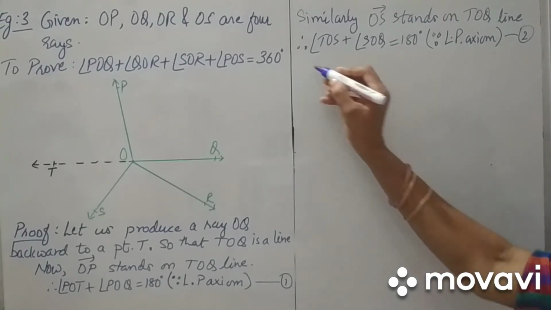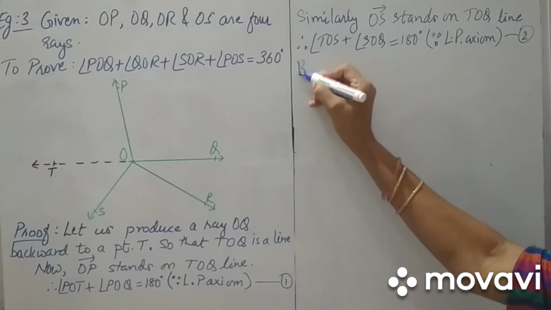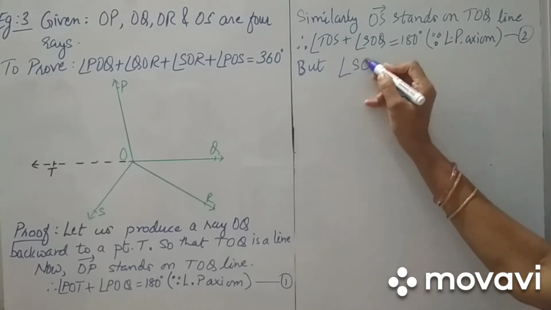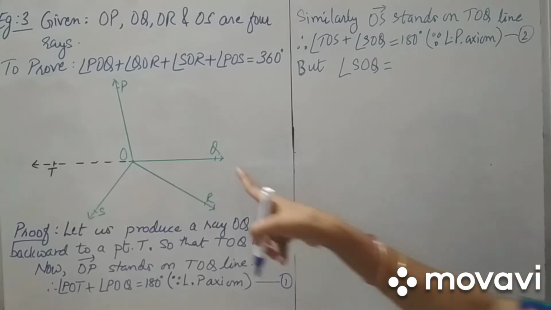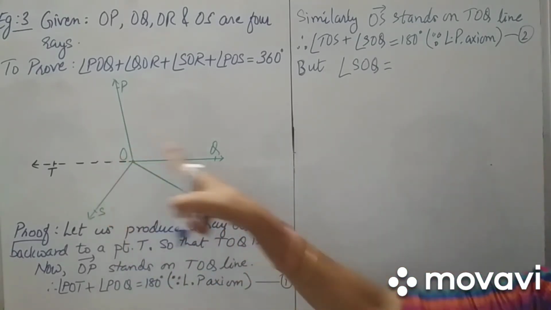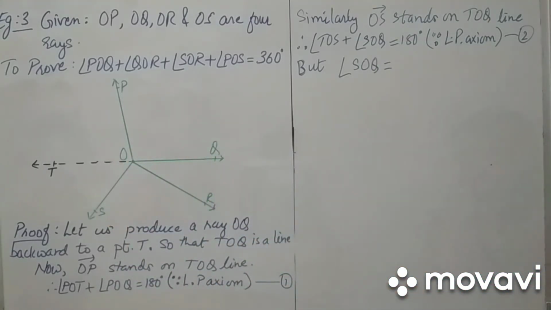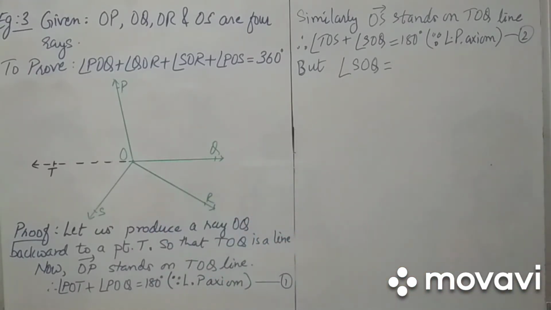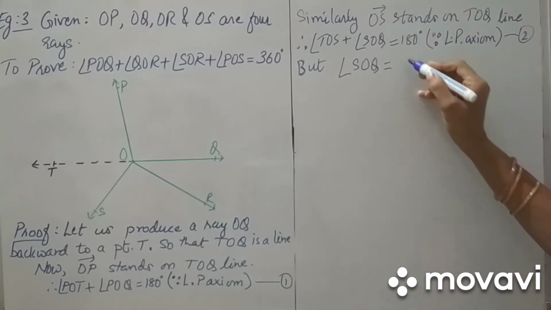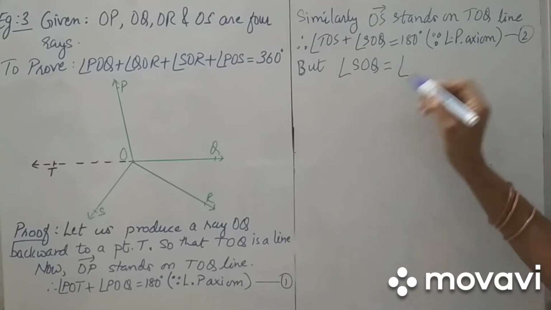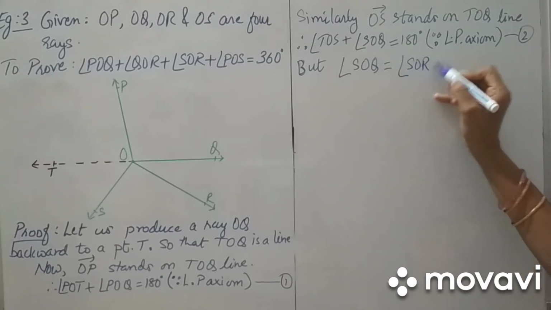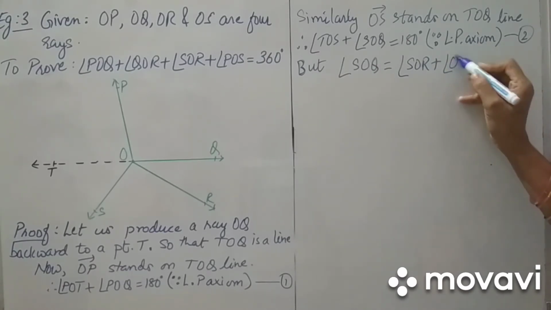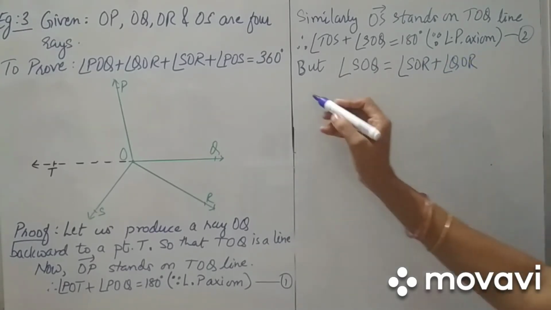But angle SOQ, you can see here, this angle is having 2 adjacent angles in it. So SOQ is equal to angle SOR plus angle QOR.